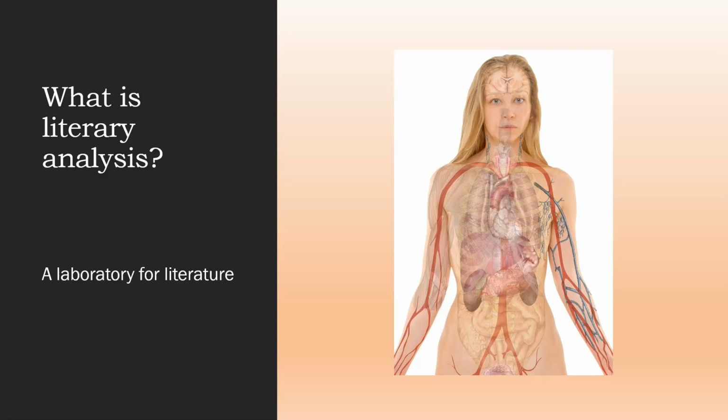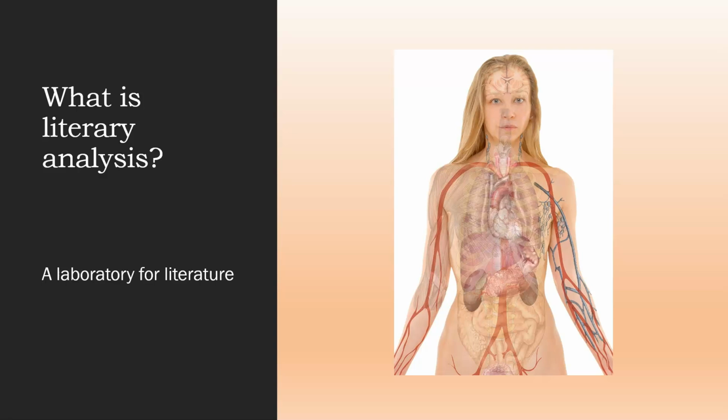A work of literature has the same kind of makeup. It is a whole experience, something that you read from beginning to end. But in order for it to have the kind of value or effect it does on the reader, there are a variety of themes, techniques, characteristics that work together, just as the various systems of the body work together, in order to produce this living and vibrant work of art.